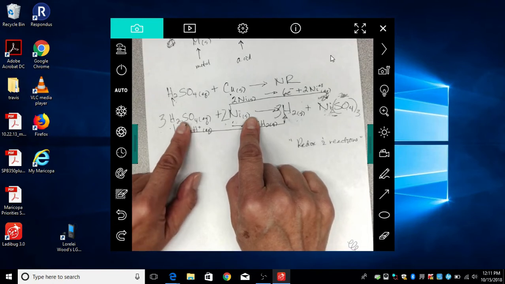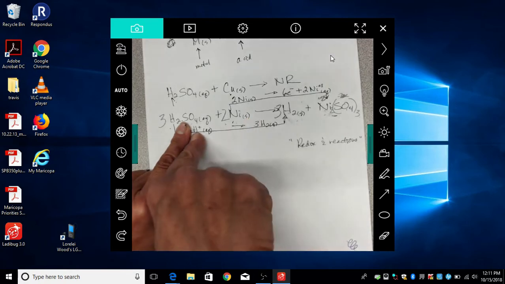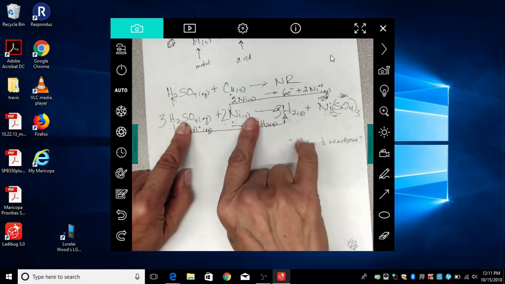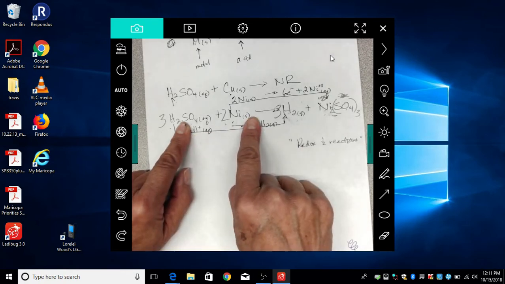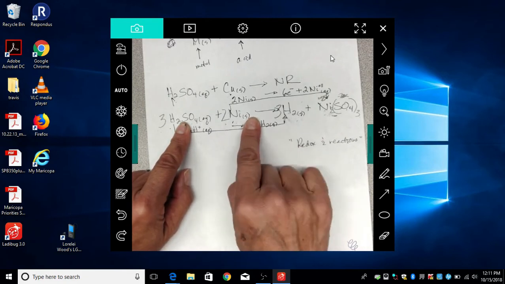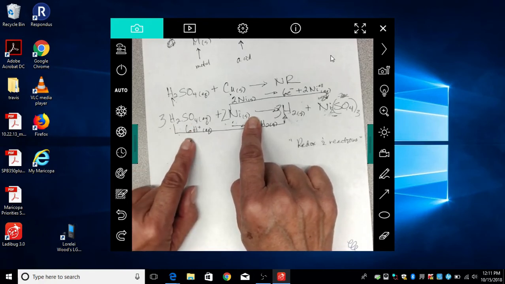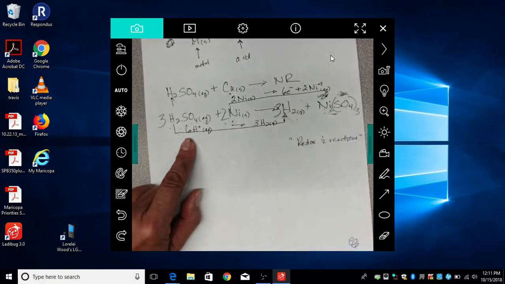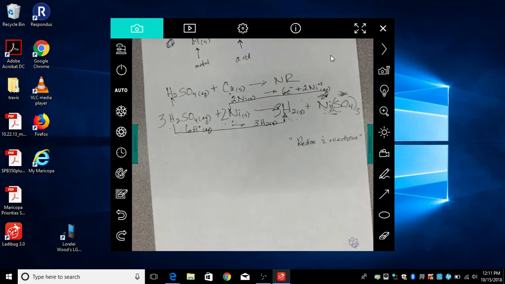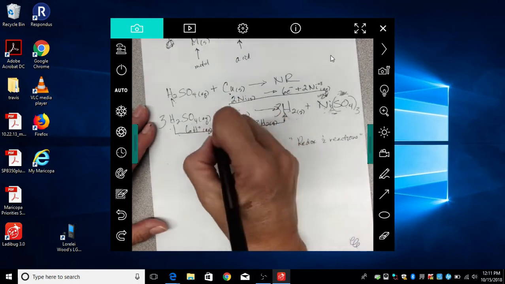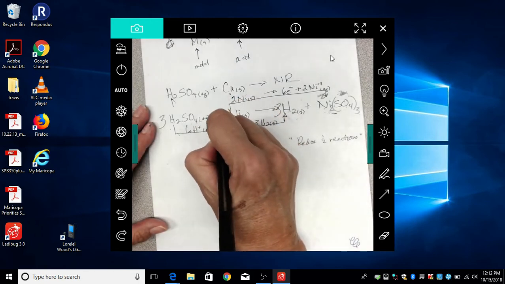This hydrogen ion by itself, I'm not looking at the coefficients, remember I'm covering them up. What does it have to do to be part of that hydrogen molecule? It has to gain how many? Well, the whole molecule has to gain 2, but each piece has to gain 1. All right, so if there's 6 pieces, each of them gaining an individual electron, how many total electrons are gained? 6. So that's what we have to write on this side, plus 6 electrons.